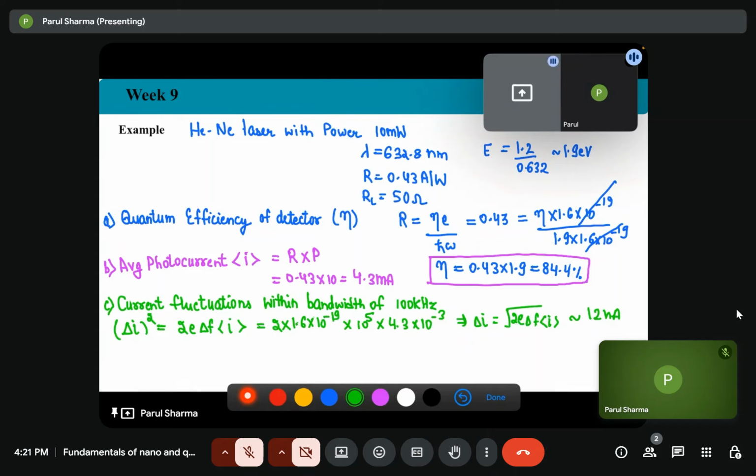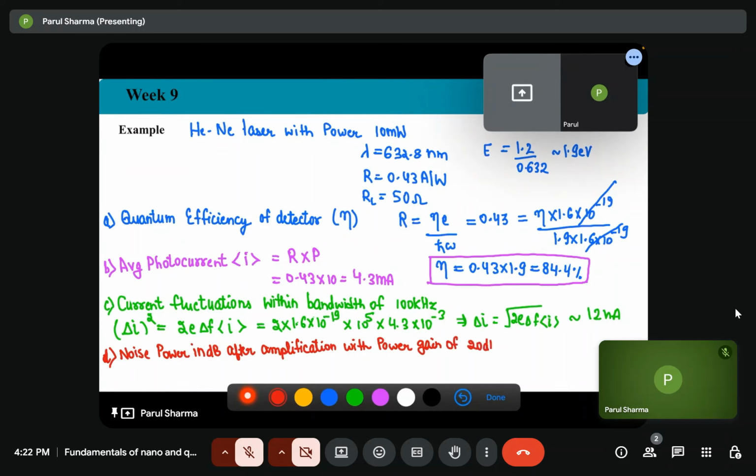And the next is noise power in dB after amplification with power gain of 20 decibels.